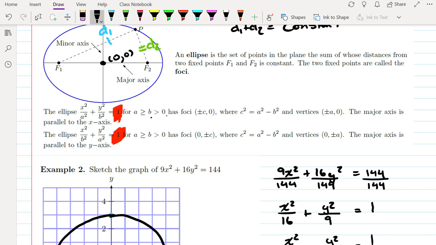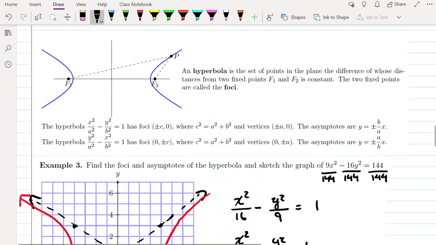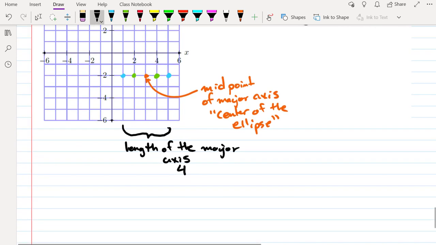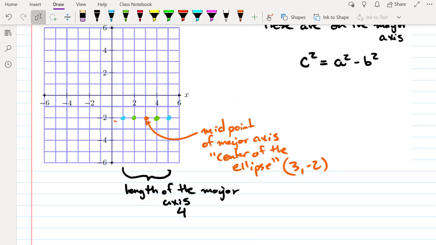In the example we're doing, we've shifted everything away from the center. So our center point has been shifted to the point 3, negative 2.